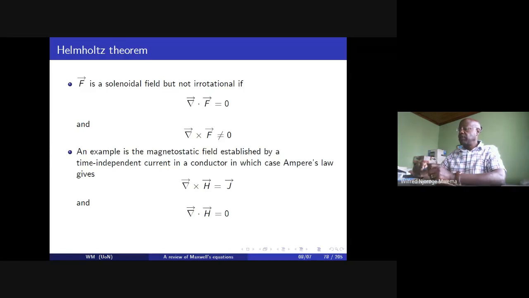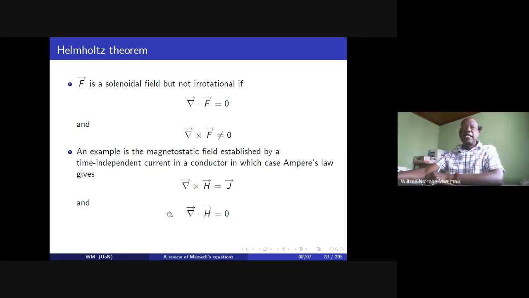According to Ampere's circuit law, it will establish a magnetic field going around that particular conductor. And therefore, the curl of the magnetic field intensity must be equal to the total current density in the conductor, which is equal to J. And we see that the curl of H is not equal to 0.